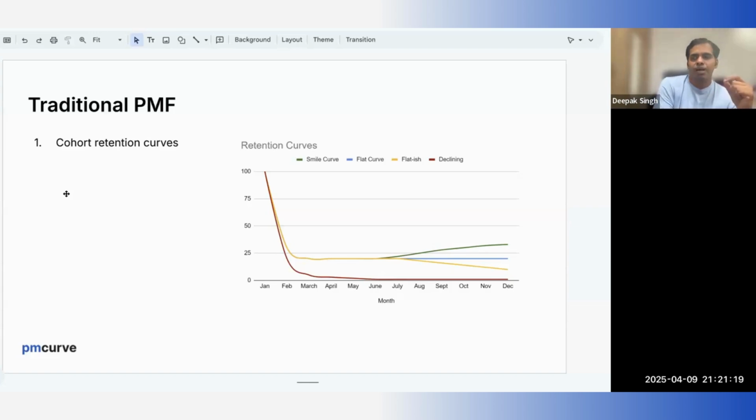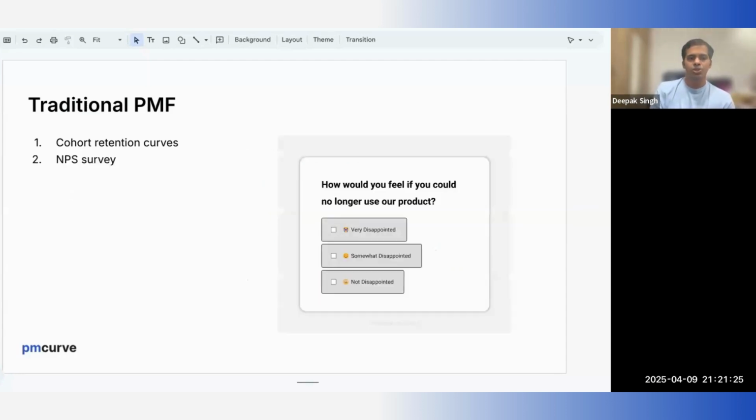So for PMF, we used to look at cohort retention curves to understand what is PMF, what is not. And we also used to look at NPS surveys, right? This is a very famous survey from one of my favorite growth thinkers, Sean Ellis.